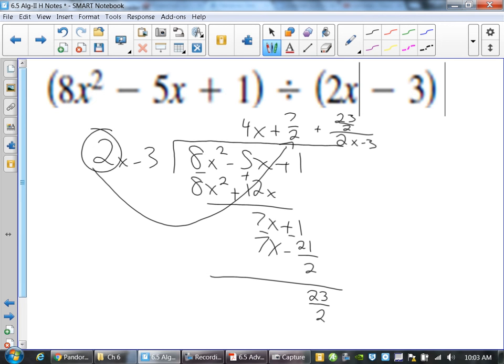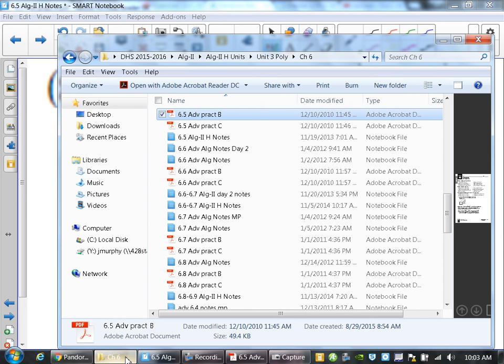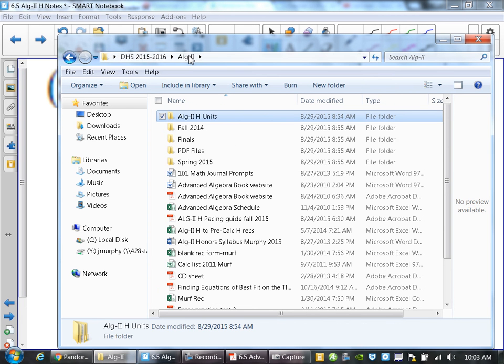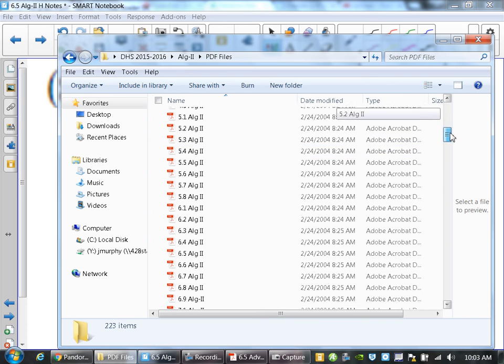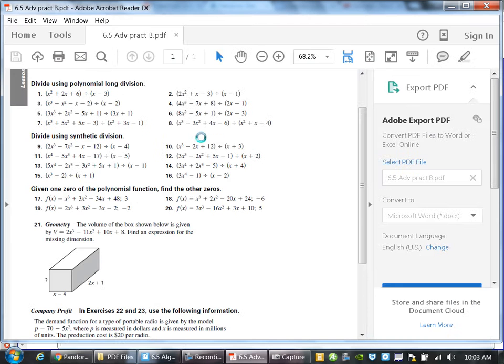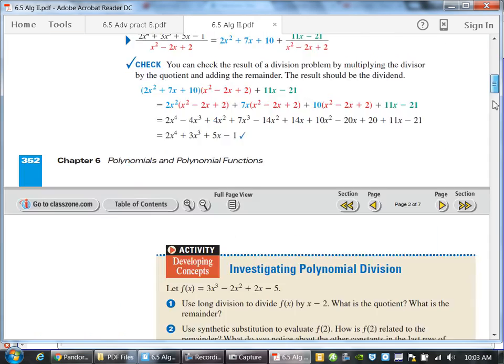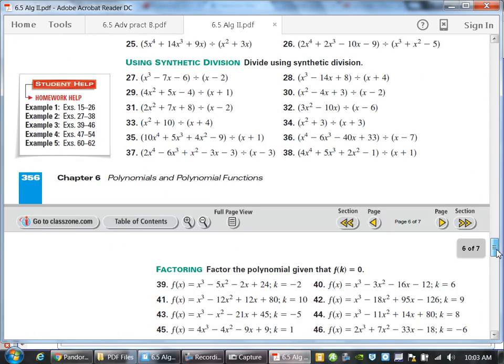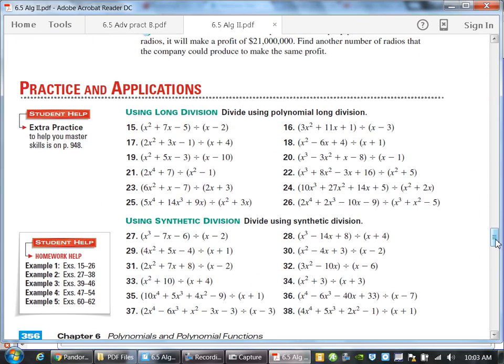Okay. Let me give you some of these for tonight. In 6.5, we'll pull it up. I forgot what page it is. So this is on what, 356?